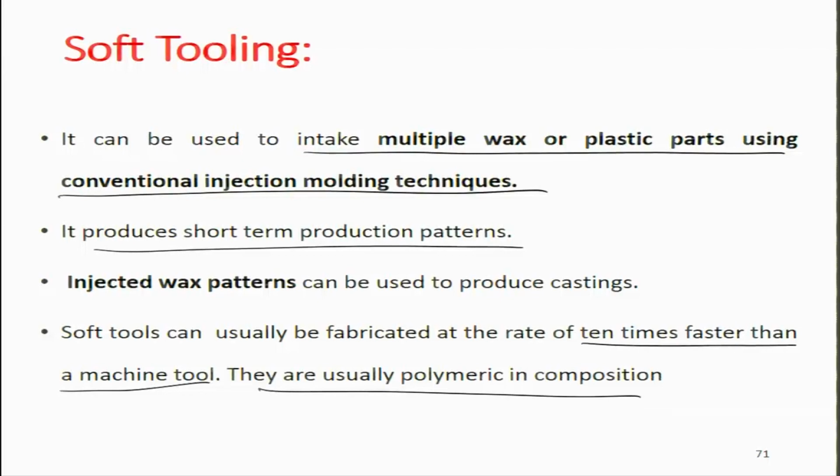Now, when we look at the materials of tooling, there can be very many. For example, there can be wax patterns which are used for indirect casting applications. There can also be polymeric or plastic parts. These are all in the soft category. Similarly, there can be hard material based tooling.